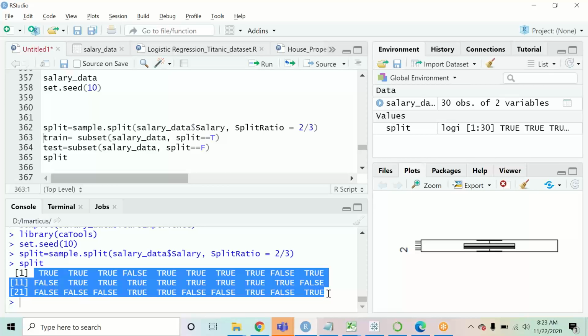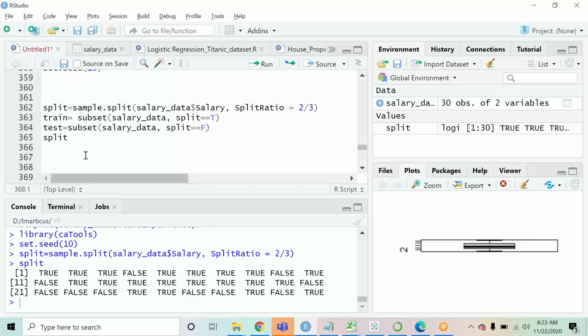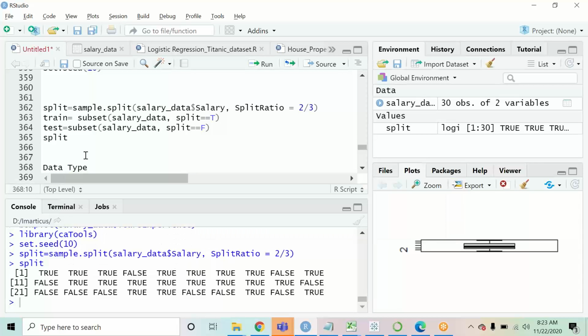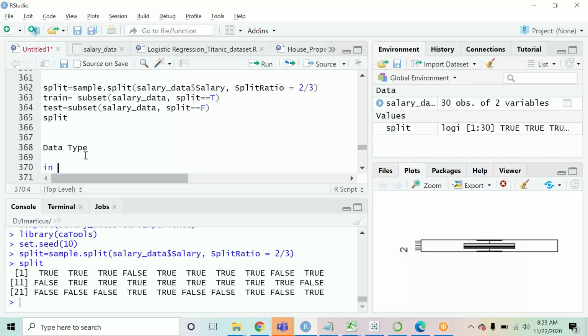So Raghav, this is basically the data type. There are two things. One is data type, where we talked of integer, complex, the character or the string, or the floating points.